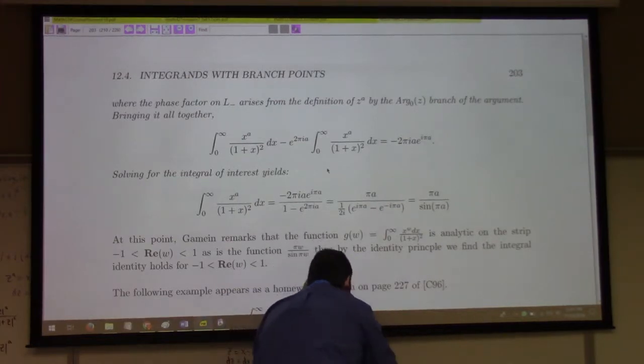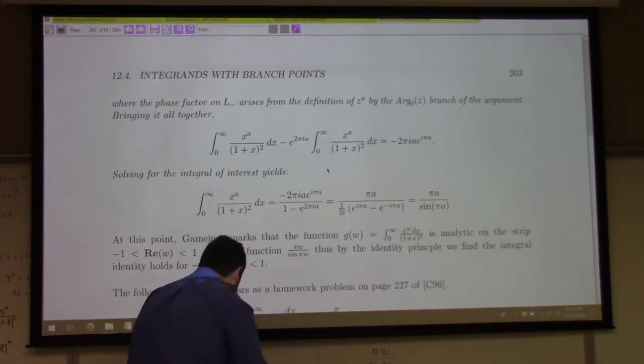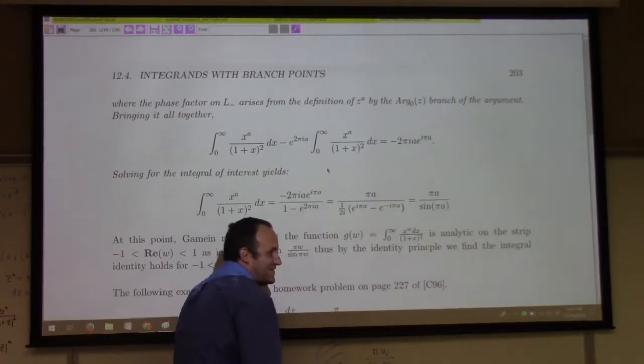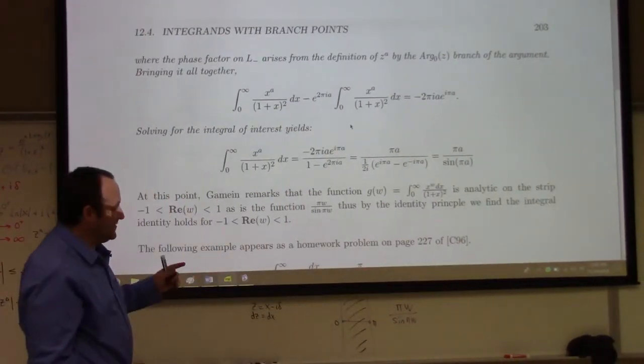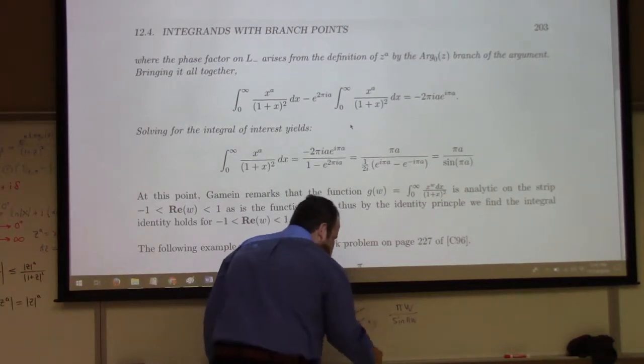But the function pi w over sine pi w is holomorphic on the strip. I mean, it's got a 0 at pi, but on this strip, it's got no zeros. Sine of pi w has no zeros except at integers. There's a pi w here, so at 0 it's not 0, it's 1.